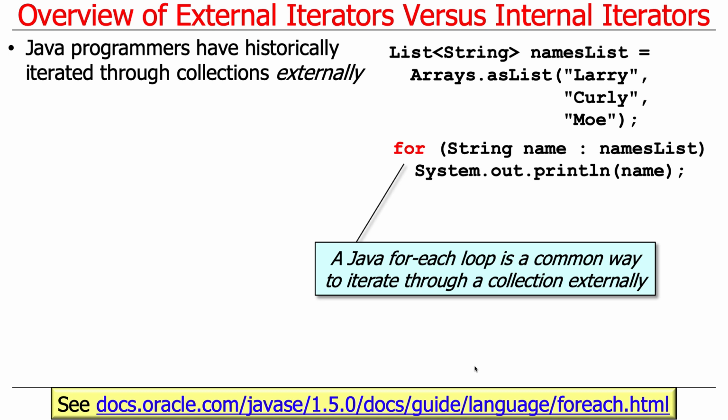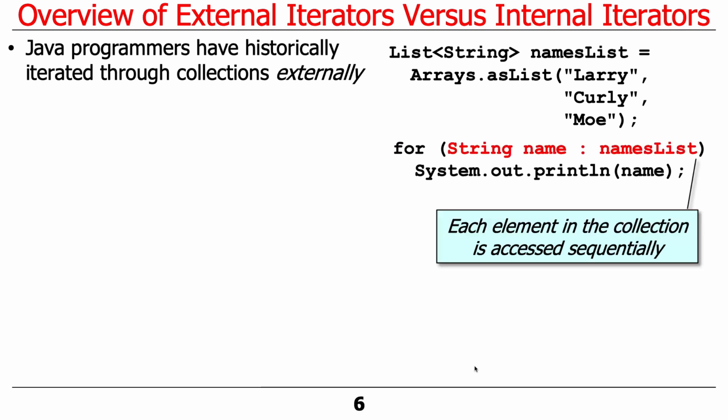So here's a simple example. We have a list of names, and we're going to use the Three Stooges names again for kicks. And then we're going to have a for each loop, go through every name in the list of names, and print the results out. So this particular syntax tells the compiler, go ahead and get each element in the names list one at a time.